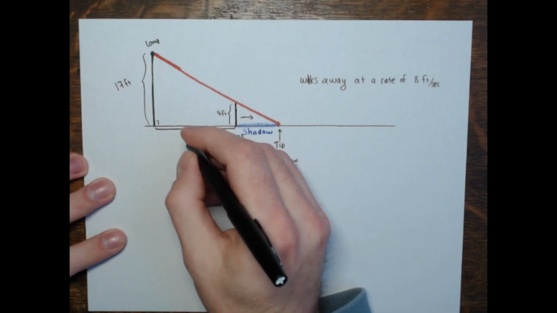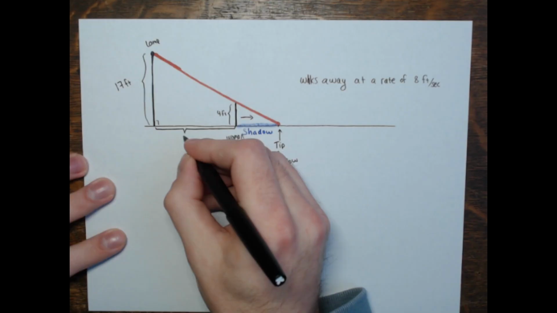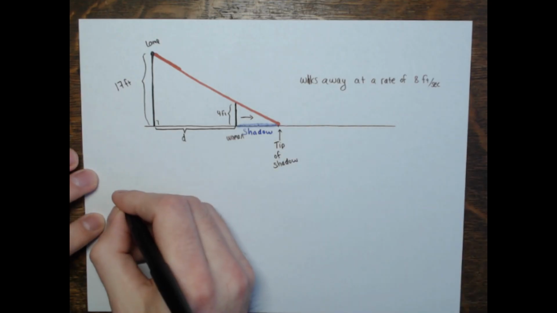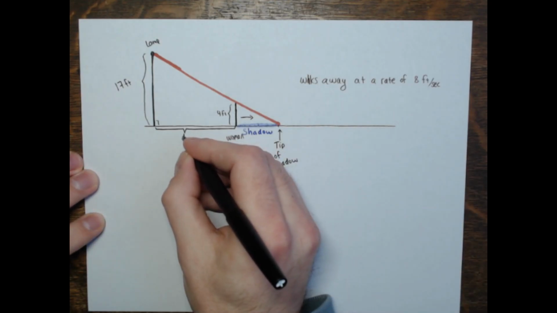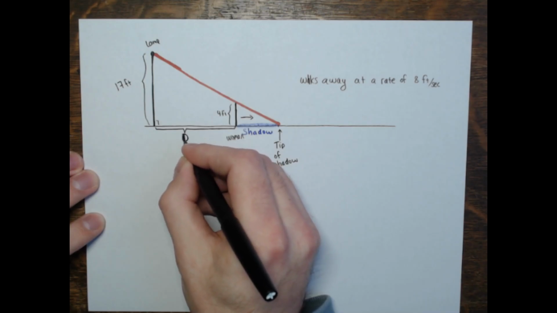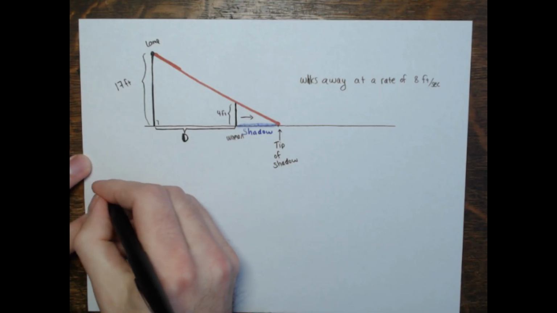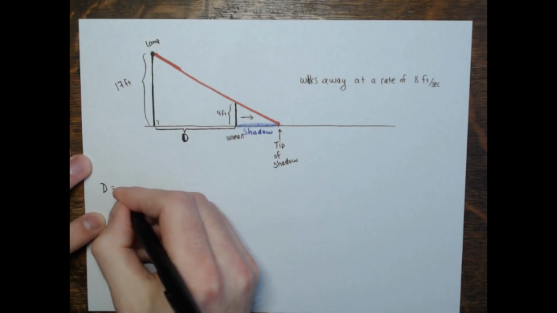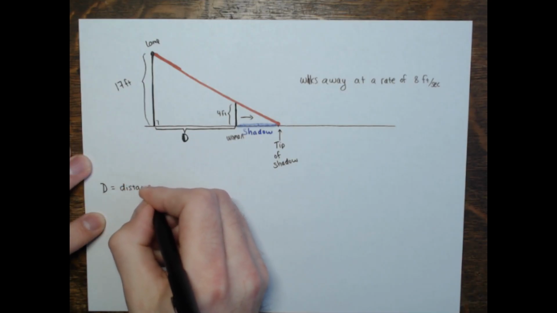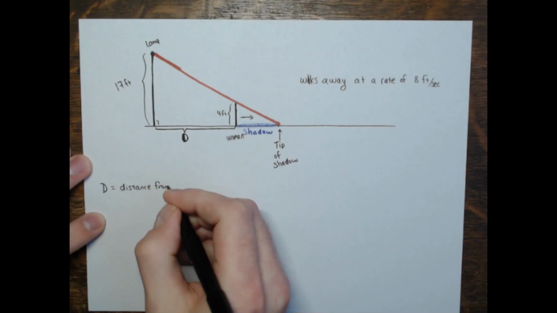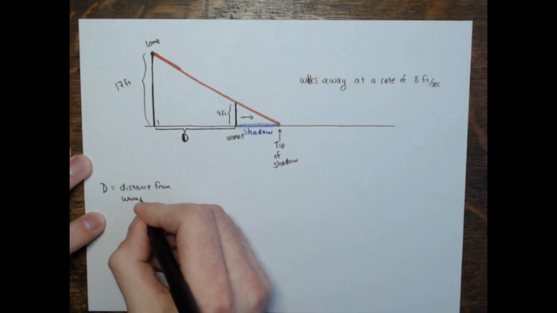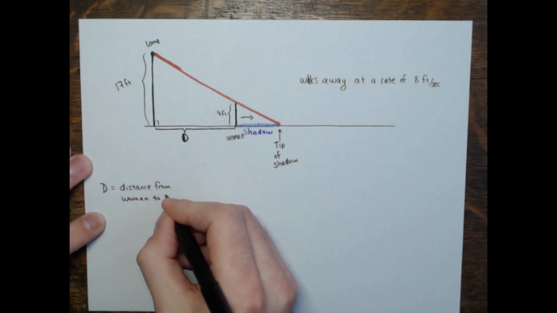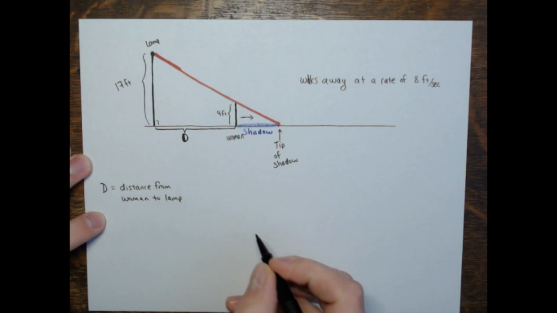Let's call this capital D. I don't want to use little d because I'm going to write little d's for the derivatives. So I'm going to have capital D represent the distance from the woman to the lamp, or to the street light.